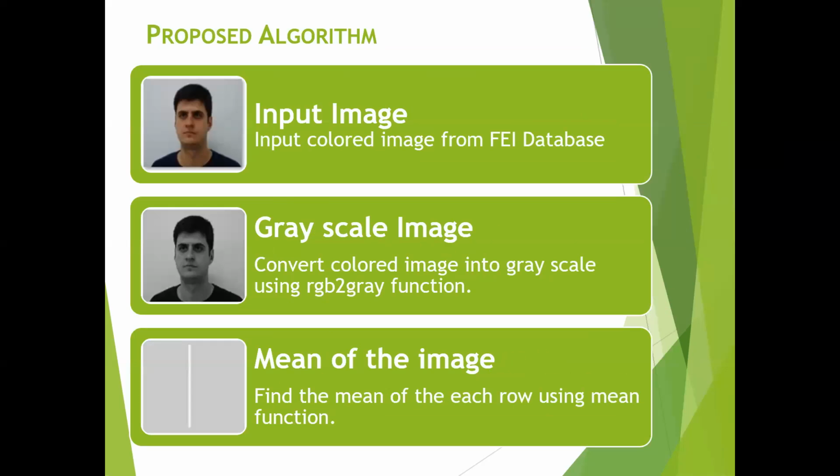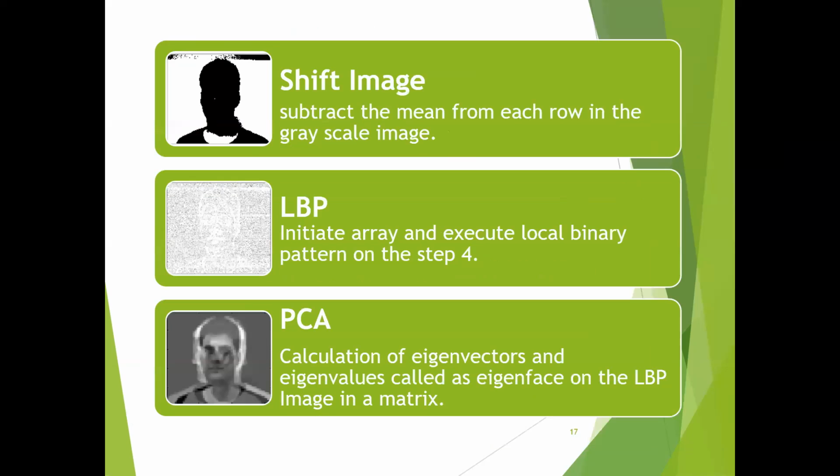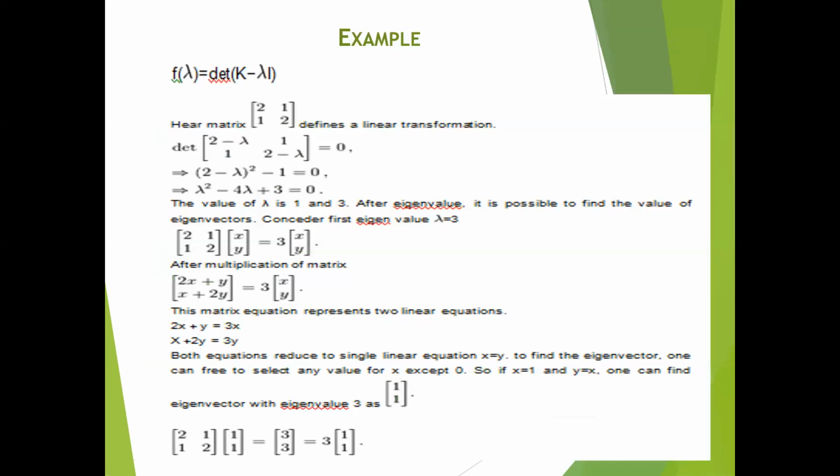Then we apply the LBP, local binary pattern, on this previous step. Then we have used the PCA. PCA means we find the eigenvectors, the best features from the output of the LBP algorithm. On top of that, we have executed the PCA on LBP.